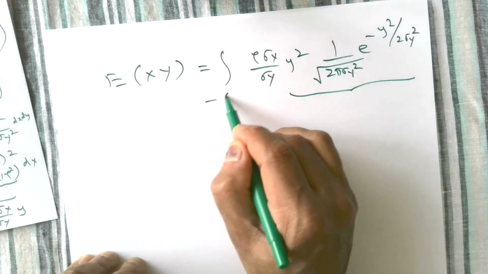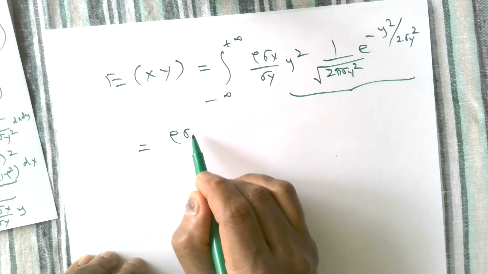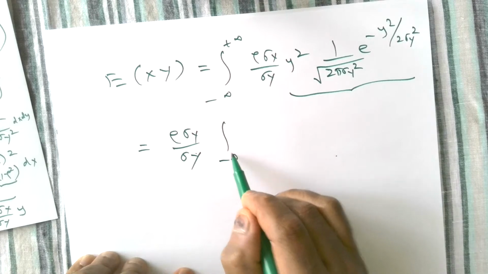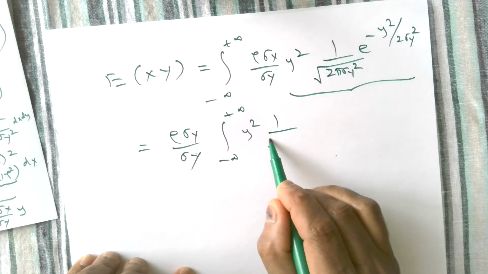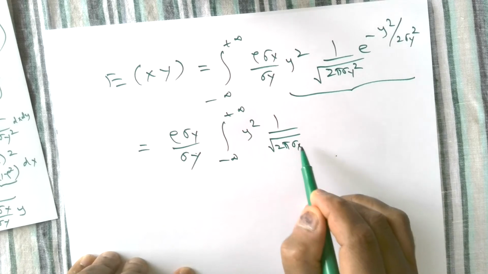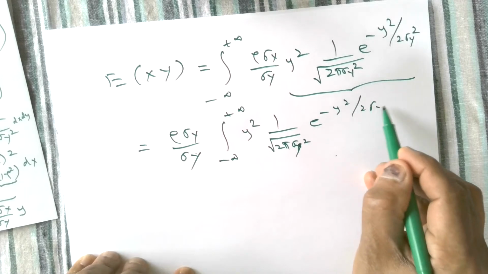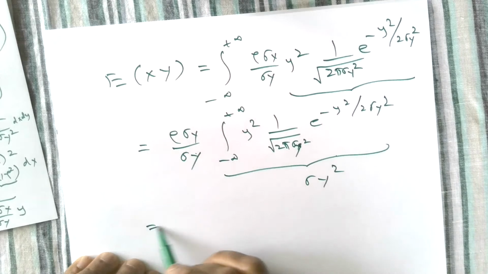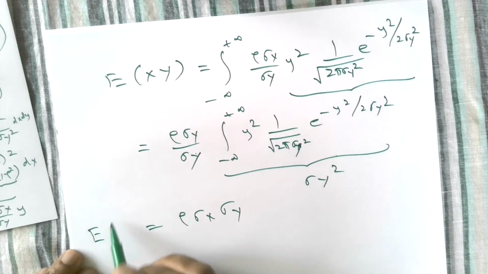So if I pull this constant outside, rho sigma x over sigma y multiplied by the integral of y squared times the density, this is simply sigma y squared. Sigma y cancels and you get rho sigma x sigma y, a classic result.